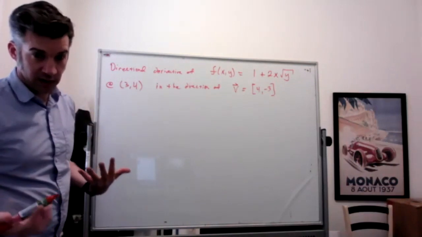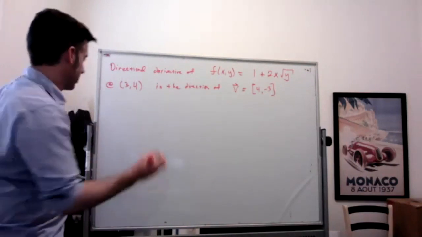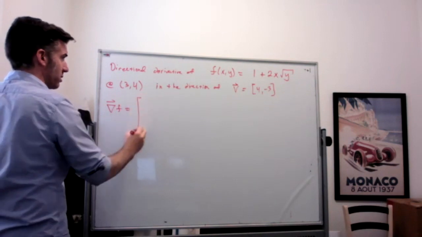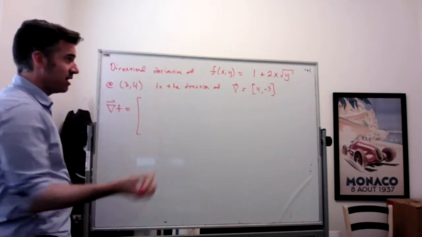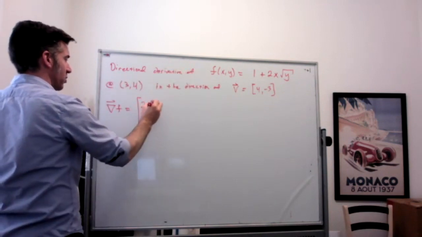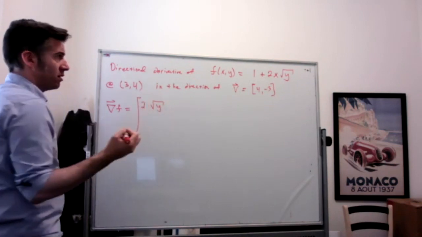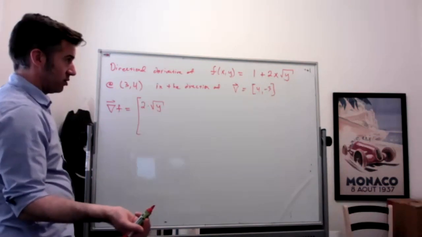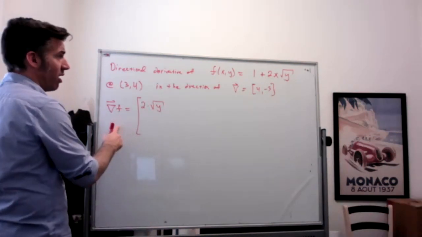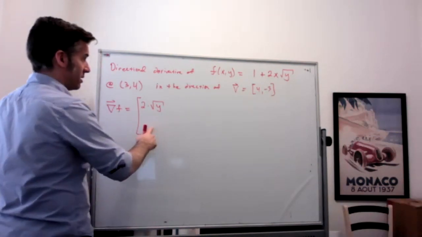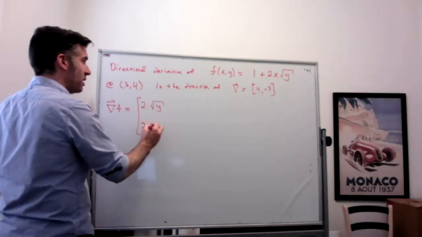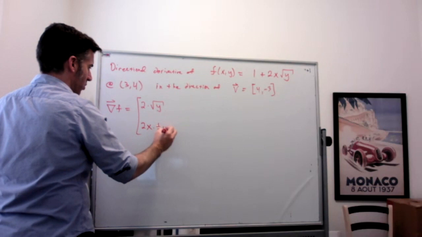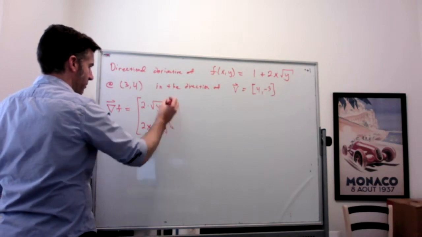Okay, same calculation. We have to find the gradient. If I take the partial with respect to x, I'm going to get 2 times the square root of y, because the derivative of 1 is 0, and 2x root y is just 2 root y. Take the derivative with respect to y, I get 0 plus 2x times the derivative of the square root of y, which is 1/2 y to the -1/2.